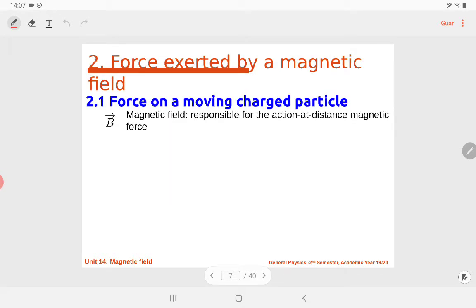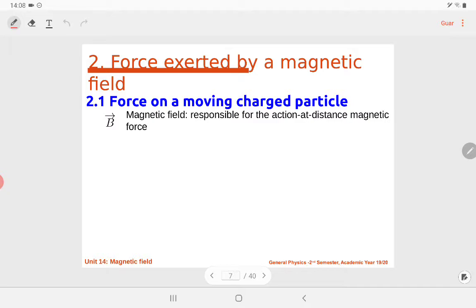So the magnetic field is a vectorial quantity, as the electric field was, and it's going to be responsible for the action at a distance of the magnetic force. To denote it, we're going to use the letter B, and of course, as it's a vector, we will represent it as a vector.